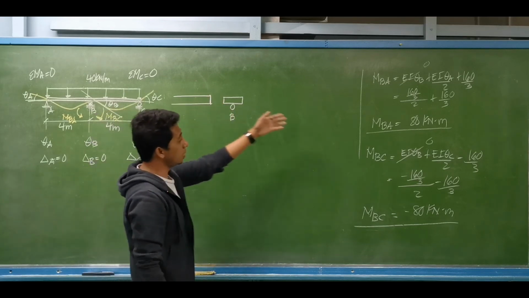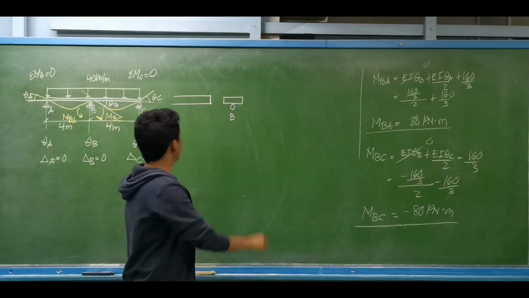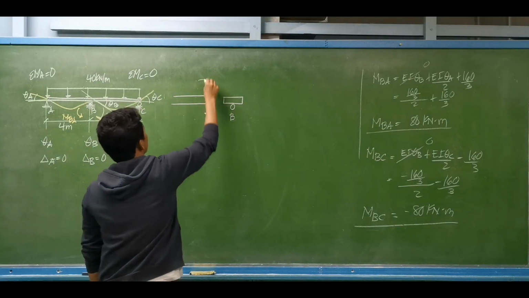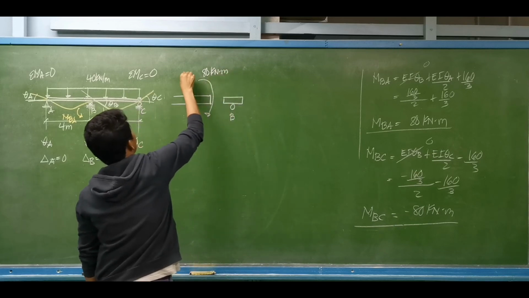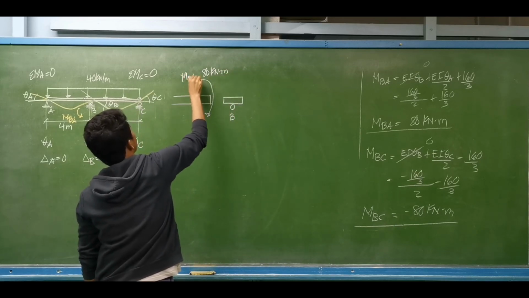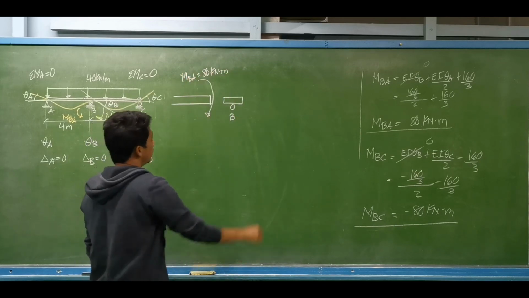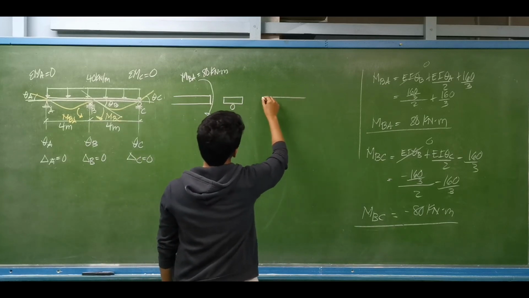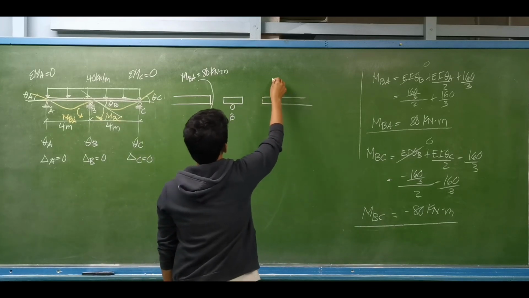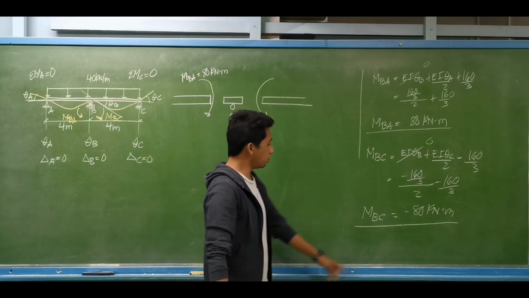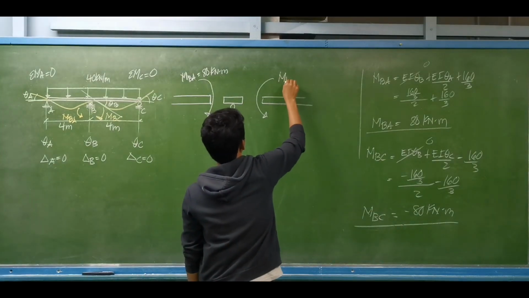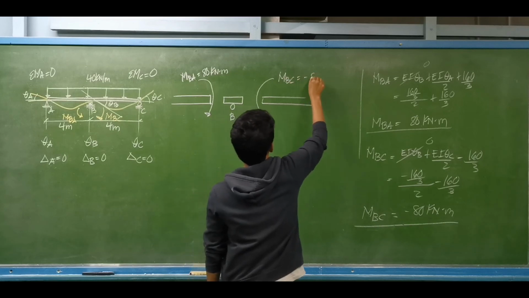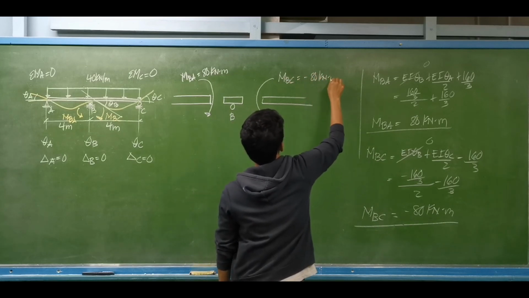We are able to compute a positive 80 kilonewton meter. That is the 80 kilonewton meter, the moment for span BA. Then on the other side, we have to compute a negative moment. This is negative 80 kilonewton meter, the moment BC.